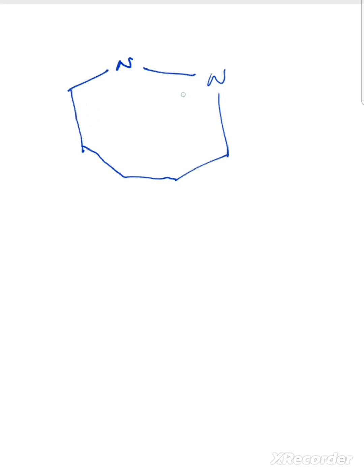Here the other one is pyrrole-like nitrogen. So when counting, this has 7. It's a heterocyclic compound which has 2 nitrogens, either on positions 1 and 2 or positions 1 and 4.